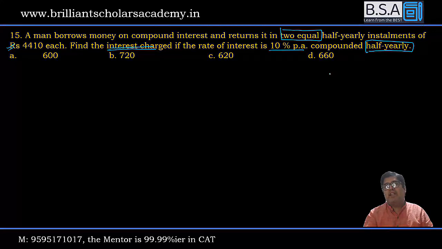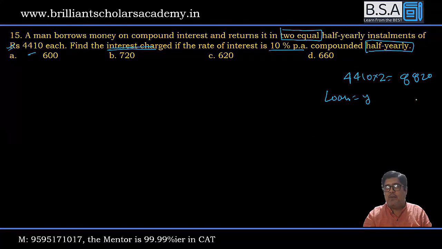So if he has made two equal payments of 4410, so total money he has paid is 8820. If I find out the value of loan, let us say loan is Y rupees. So payment minus loan is the interest paid. That is your question. How much interest has he paid?